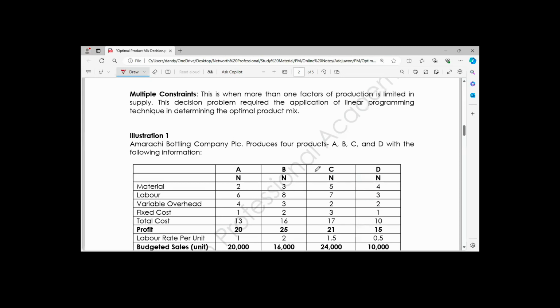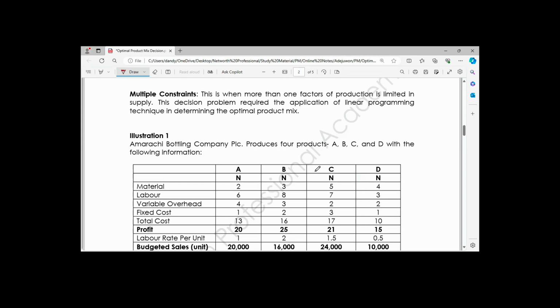If there's a surplus, do nothing. There's nothing you want to do again because there is no constraint. If there is no constraint, the company can produce whatever it wants to produce. So since there is no constraint, do nothing when there is surplus. But once you have a constraint, you have to find a way of allocating the limited available resources.